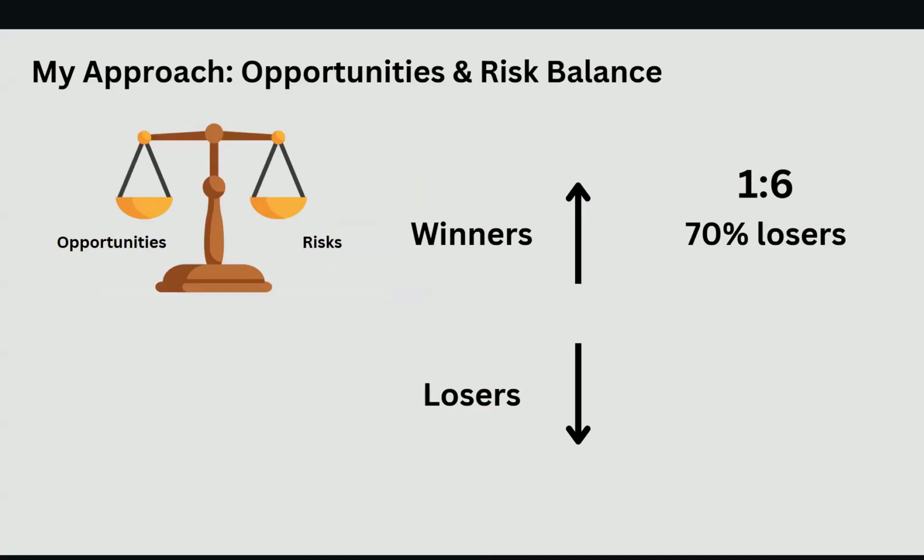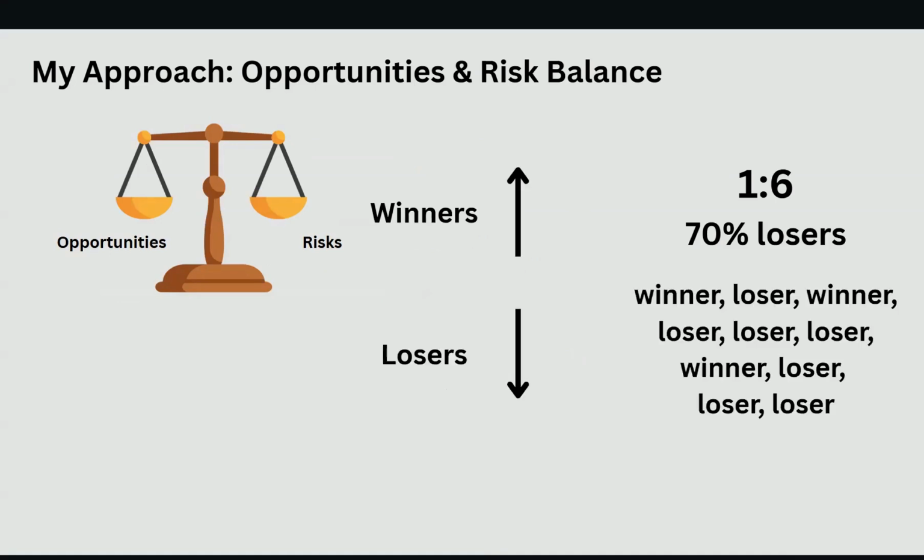Let's say your strategy gives you at least 6-to-1 risk to reward ratio, but only 30% of your trades are winners. Okay, let's take a look at the profitability in this case. So 6-to-1, but 70% are losers. This means statistically that 3 trades are winners and 7 trades are losers.